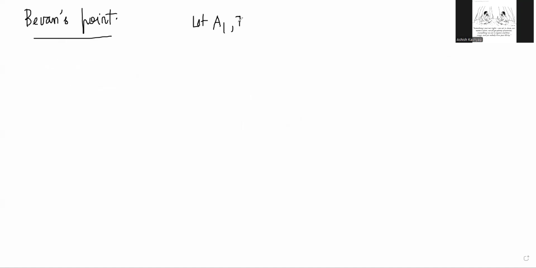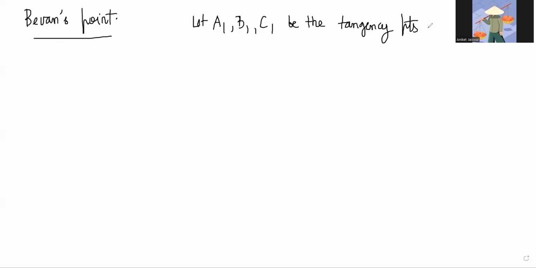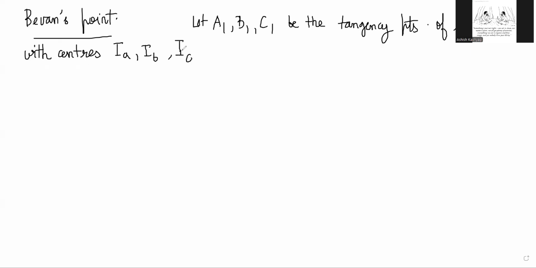Let A1, B1, C1 be the tangency points of the excircles with centers IA, IB, IC with the sides BC, CA, AB.